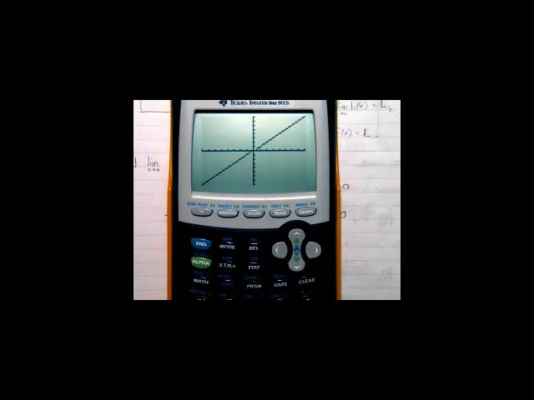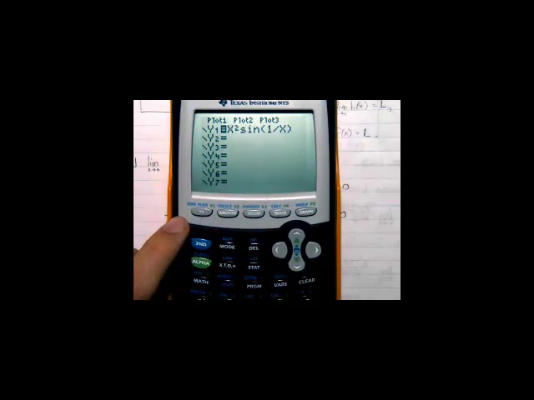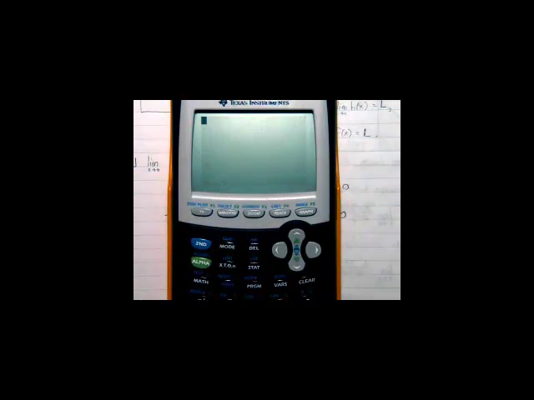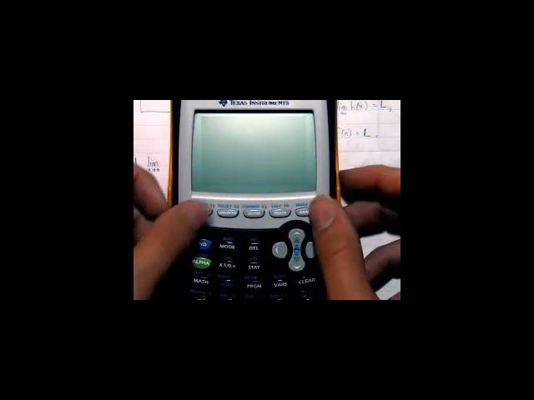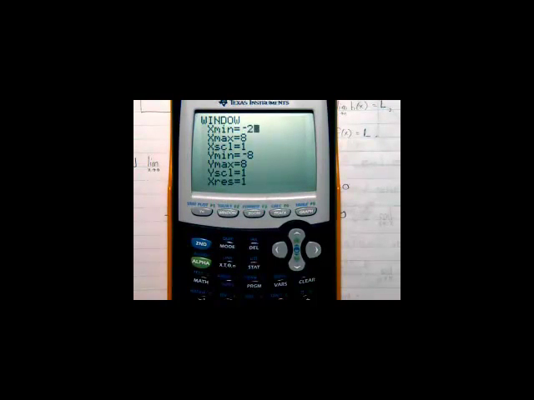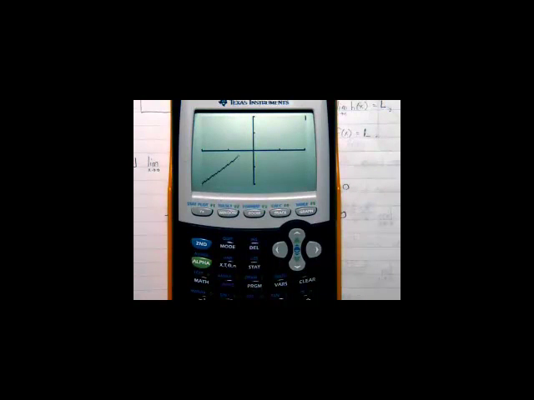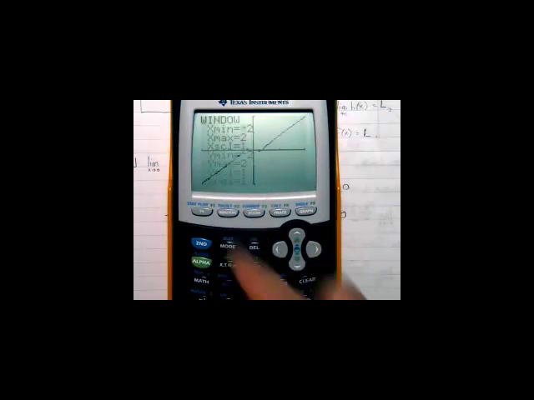In fact, this function gets a lot more interesting if you make the window smaller. Actually, is that right? Radian, yeah, okay. Let's see if I make this smaller. We're going to have to make that even smaller.